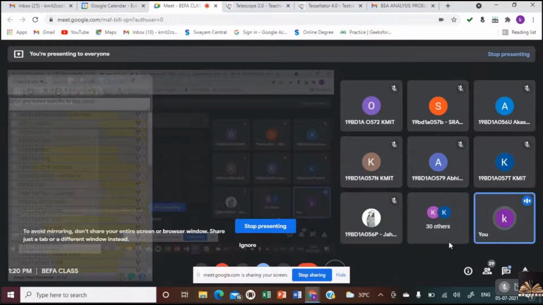Break-even point in volume is equal to fixed cost divided by contribution margin. Fixed cost given is 40,000. Contribution margin is equal to 250 minus 50, 200. So 40,000 divided by 200. 200 is the break-even point in volume.